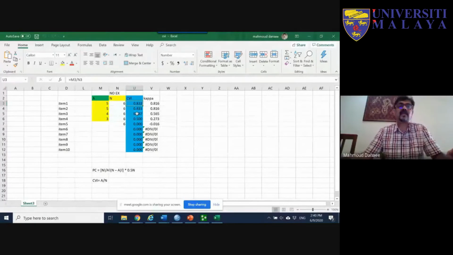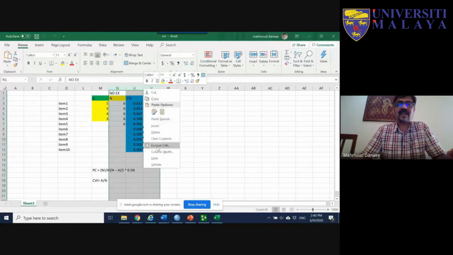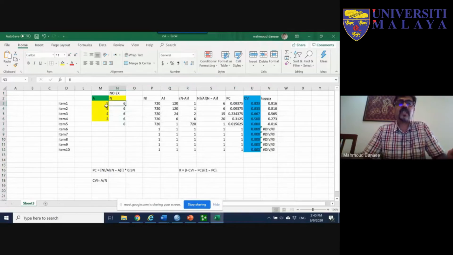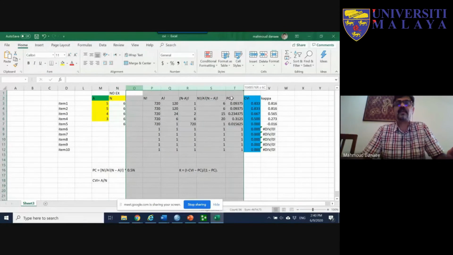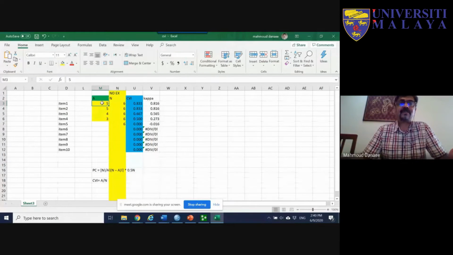Yes. Okay, so actually I made it easy for you. As you can see here, I already hid some columns. You just need to key in the total number of experts. In this column, you enter the number of experts, and this column is the total number of experts who agreed.